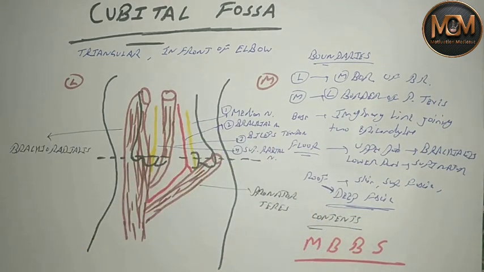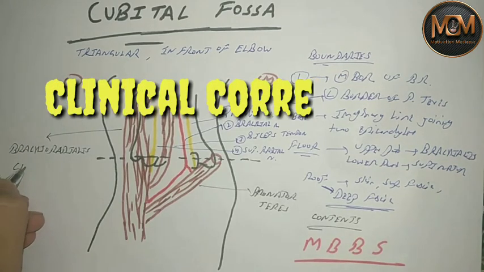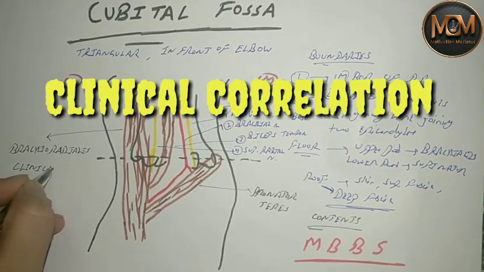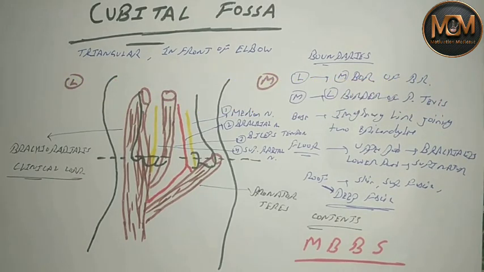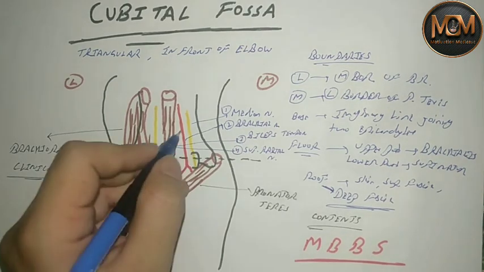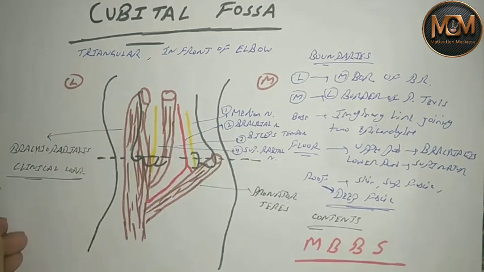And now we'll see clinical correlations. One structure that is present, from B, is the brachial artery.